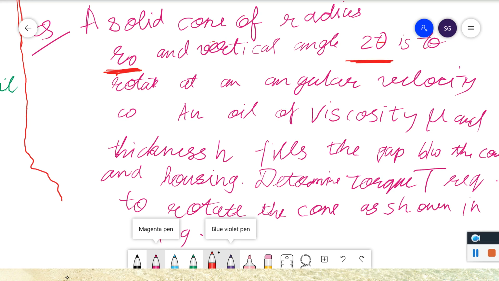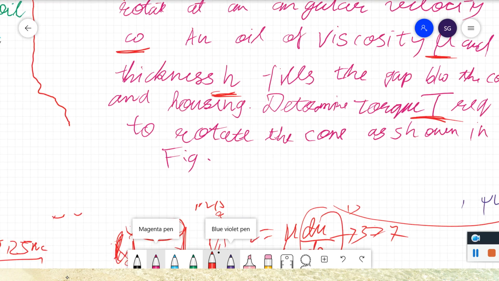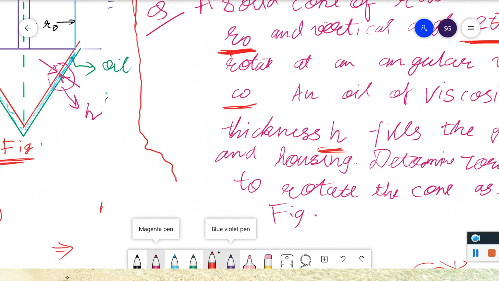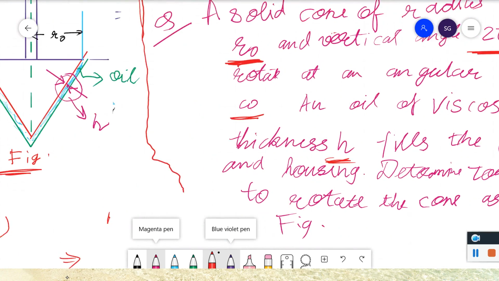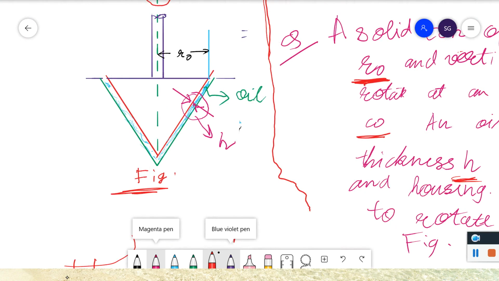And rotate at an angular velocity omega, which is already given in the figure. Viscosity is mu, thickness is h, fills the gap between the cone and housing. Determine the torque. This is to be determined in terms of the quantities that are given. So this is basically the question, and you have to determine T, torque.